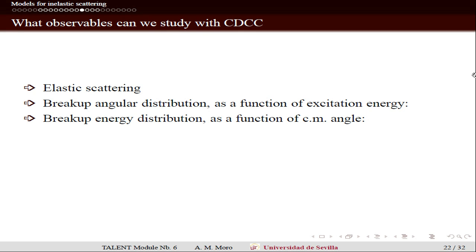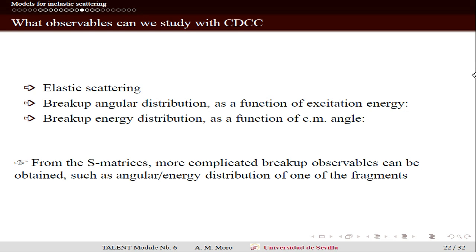So we have to make sure that we have not cut the continuum too early, so that at the maximum excitation energy the breakup cross-section is small enough. And then from the S matrices, that is actually what is calculated in the coupled channels, more complicated breakup observables can be obtained. I don't give more details here because I think that Filomena will show you some more examples of this, so I just give you the idea.